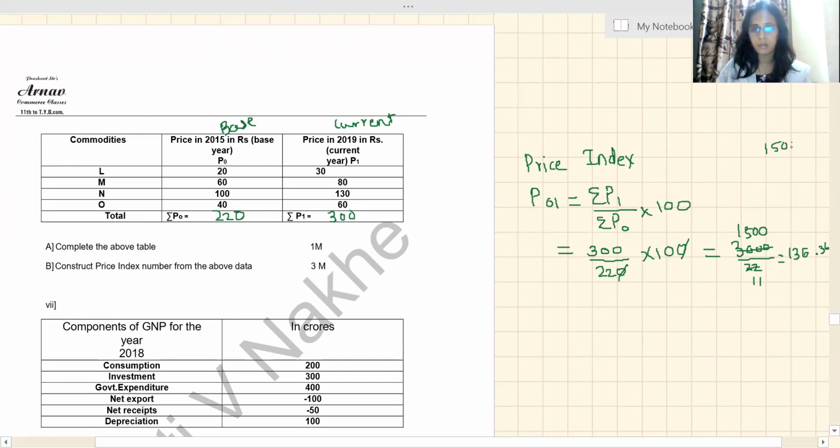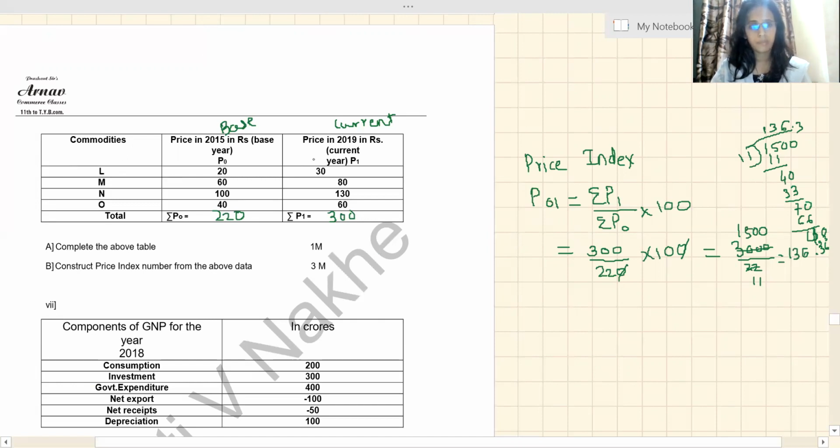Simple calculations are there. 11 ones are 11, 11 threes are 33, 11 sixes are 66. Point. So it will come as, sorry, it's 4. It will come as 1133. So likewise, you will get 136.3.